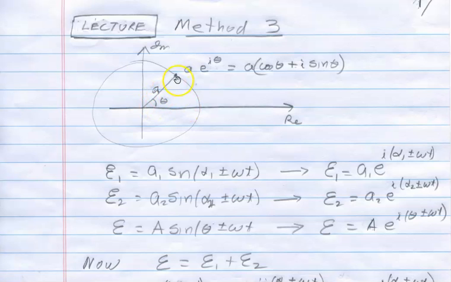Theta is the angle with the real axis, in this counterclockwise sense. And by Euler's relationship, you can decompose this into a cosine theta plus i sine theta.